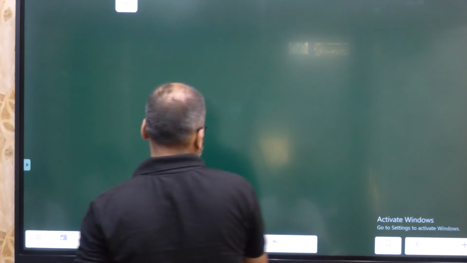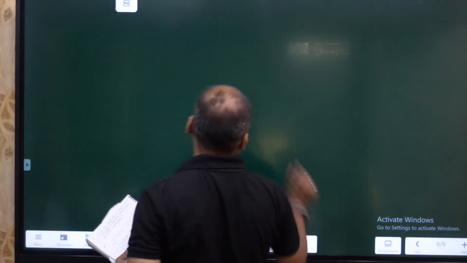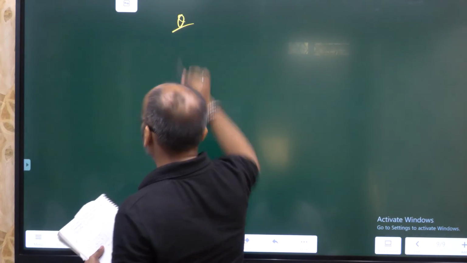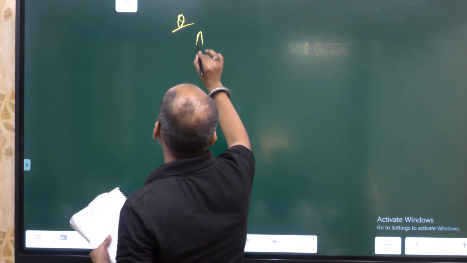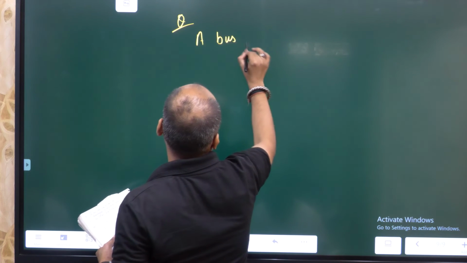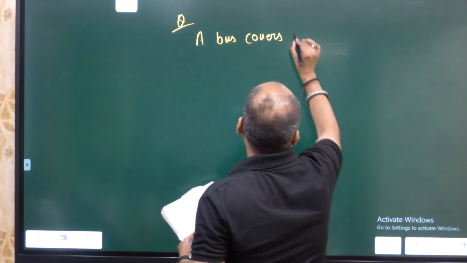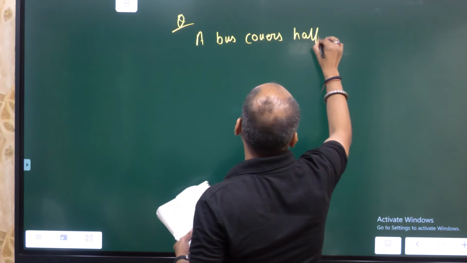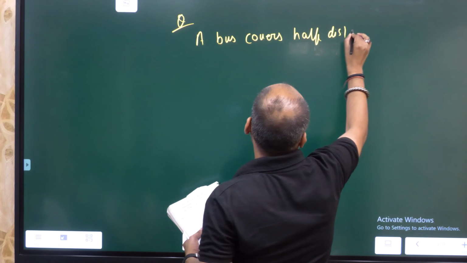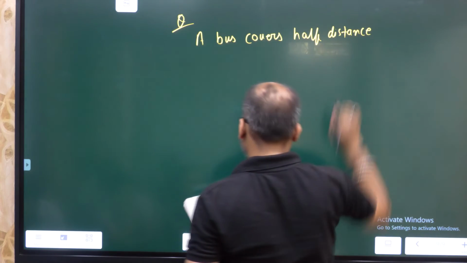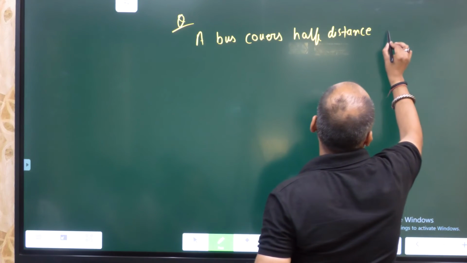Now solve this question. I hope that one was clear to everyone. So, a bus covers half the distance at speed v.